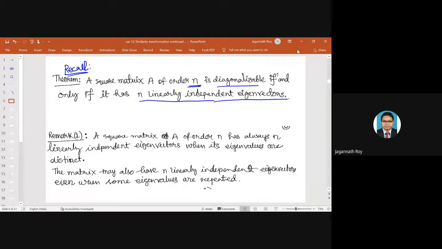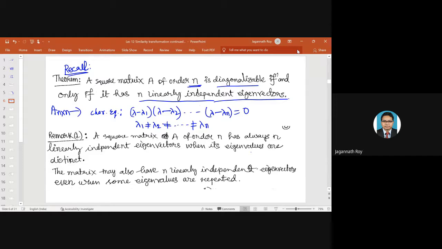And the remark says, if A is of order n by n and the characteristic equation has the form (lambda minus lambda 1)(lambda minus lambda 2)...(lambda minus lambda n) equals 0, with all lambda distinct, then the matrix is diagonalizable, because every factor has multiplicity 1.